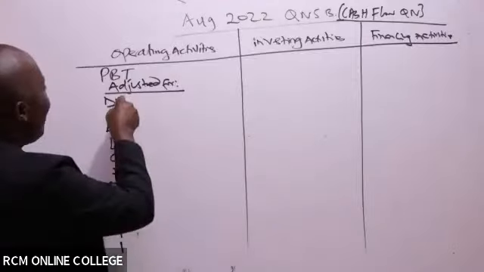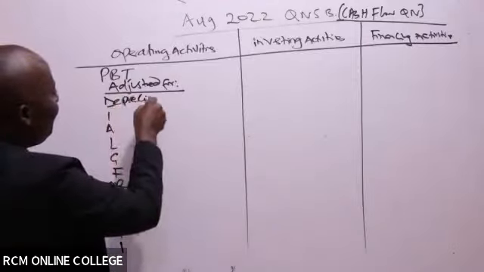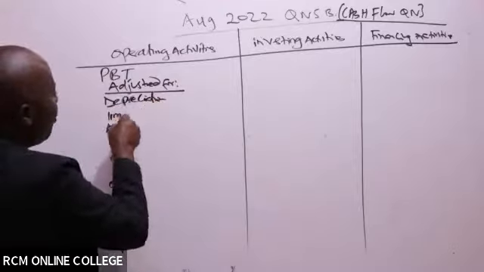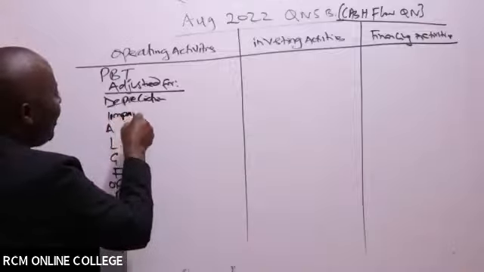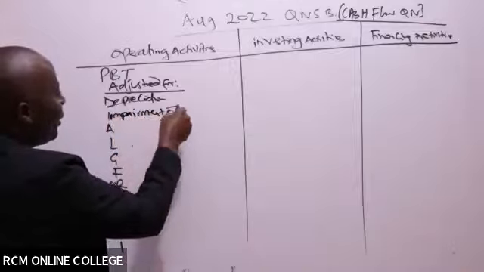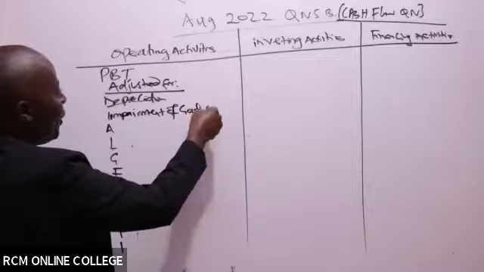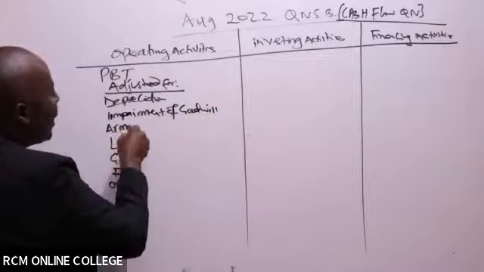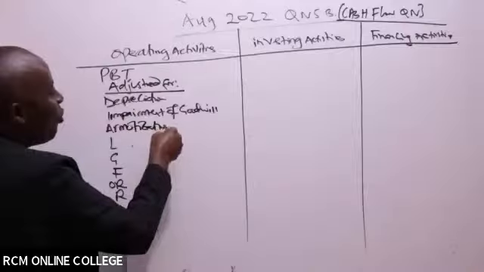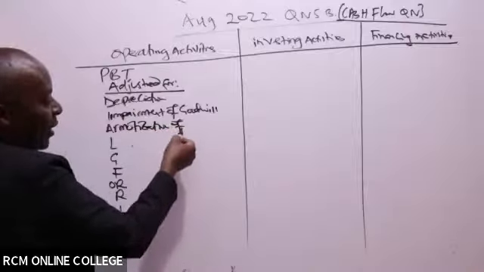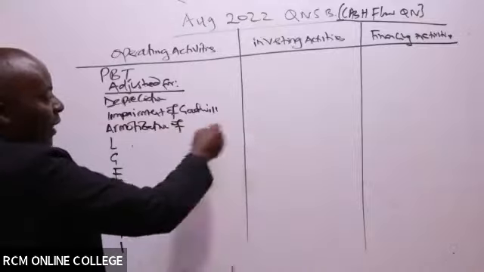So in this case we have depreciation, impairment of goodwill, and amortization of intangible assets, remember, so you go to the intangible asset account.